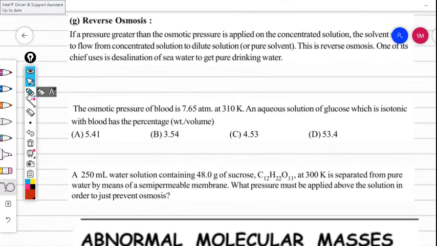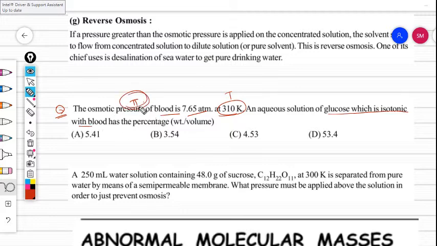Based on the osmotic pressure, the question is: given that the osmotic pressure phi of blood is 7.65 atmosphere, at a given temperature T, an aqueous solution of glucose is isotonic with blood. What is meant by this?